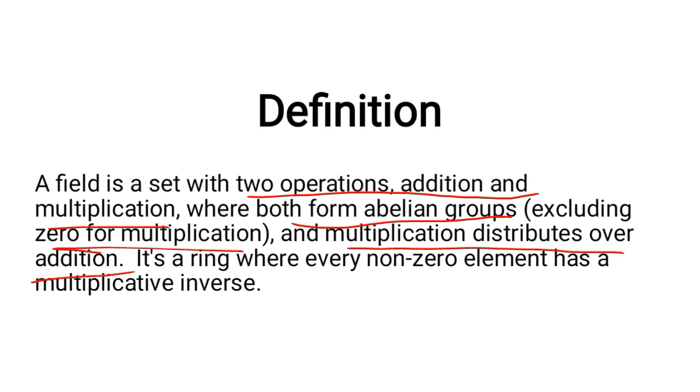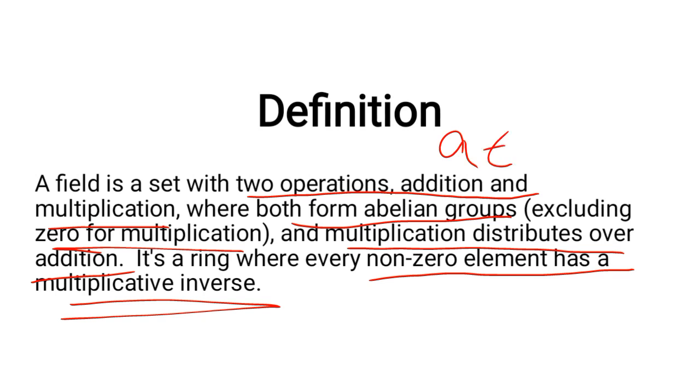A field is a ring where every non-zero element has an inverse. So if I pick A in my field R, it has an inverse such that A times A inverse gives me my identity. So it always has an inverse once it is a field.